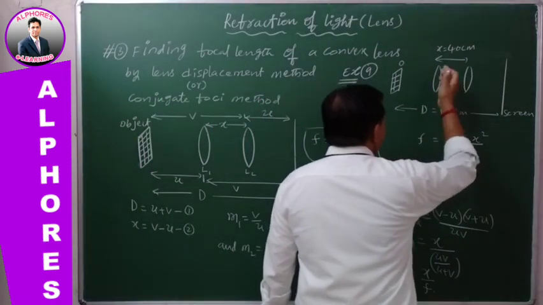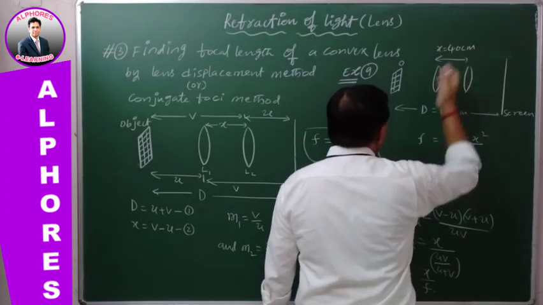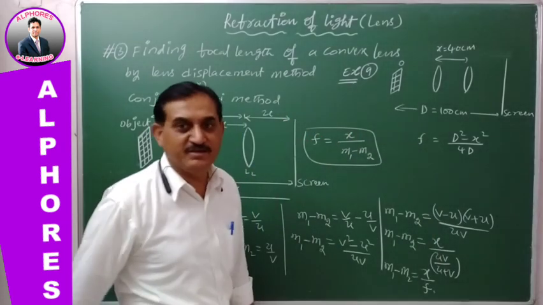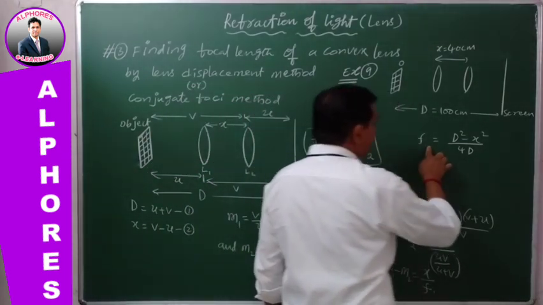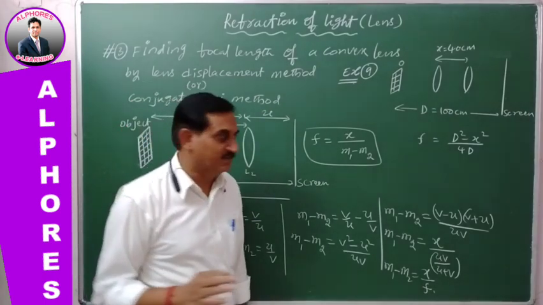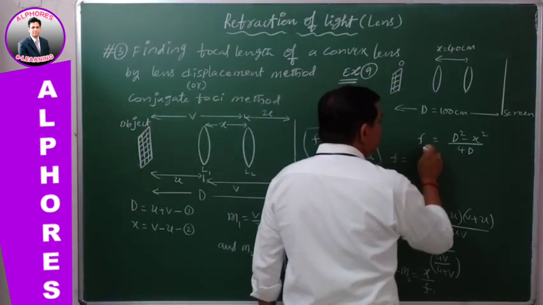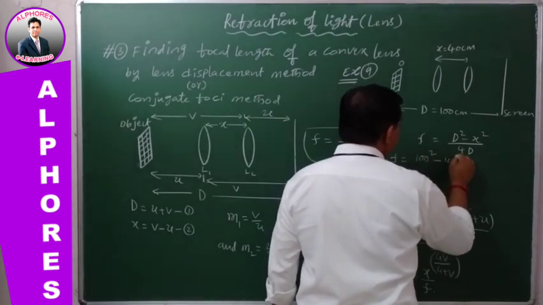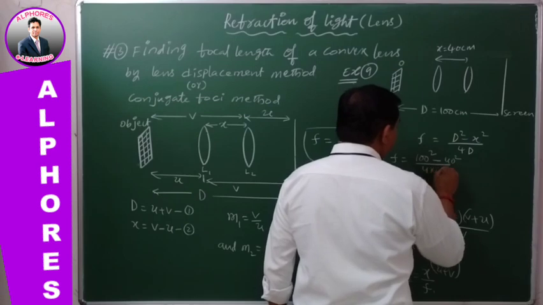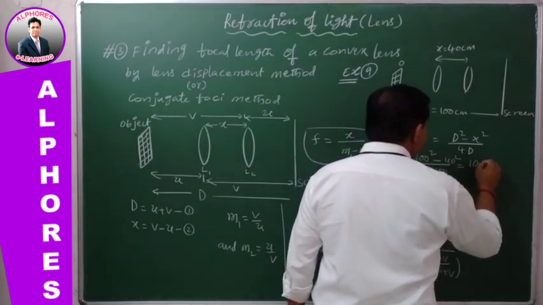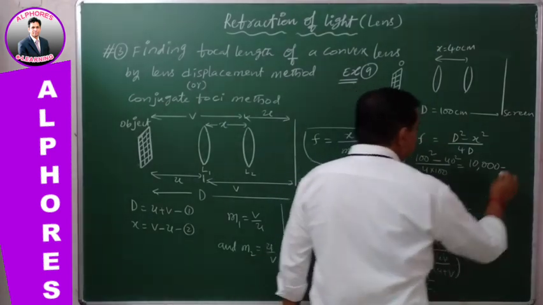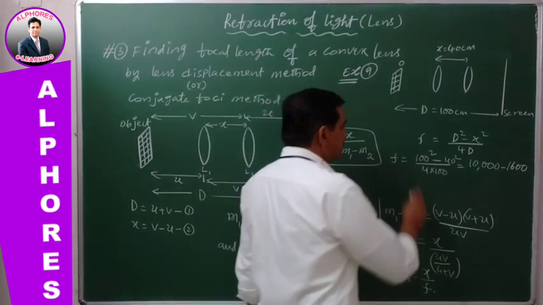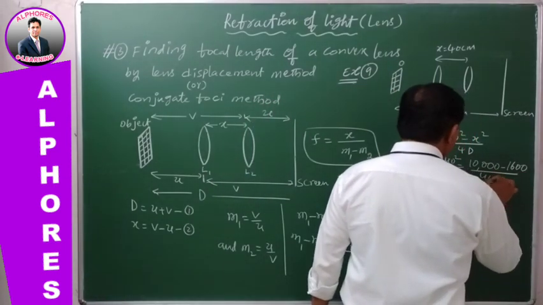See here, X is given already and D is given. Therefore, the formula is f is equal to (D square minus X square) by 4D. This is the focal length formula for the lens displacement method. Now f is equal to (100 whole square minus 40 square) by (4 into 100), which gives (10,000 minus 1600) by 400.